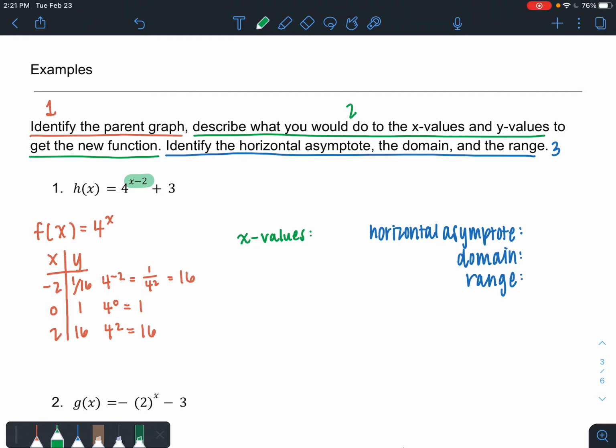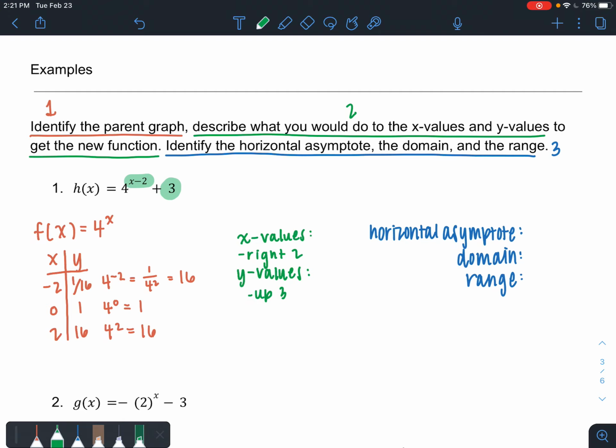If it's -2, it's going to go right 2. So our x values, we're going to go right 2. And then our y values are going to go up 3. So we go right 2 and up 3.